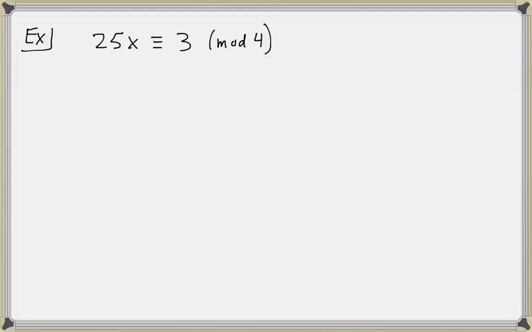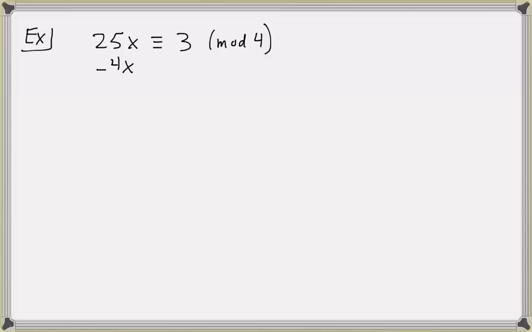To get x by itself, I need to get rid of this coefficient of 25. One thing we could do is subtract 4x, or any multiple of 4, from 25x.